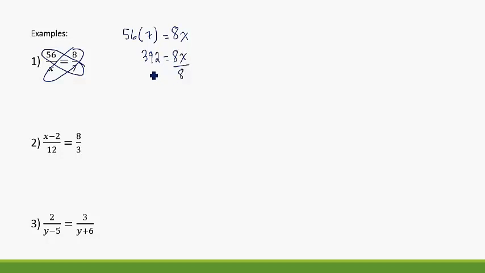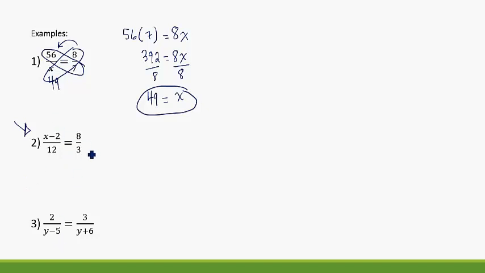Divide both sides by 8, and x is going to be 49. In this case, you can actually see it if you think about it, because 56 divided by 7 is 8, and 49 divided by 7 is 7. But as you can see right here, they're not all that straightforward.